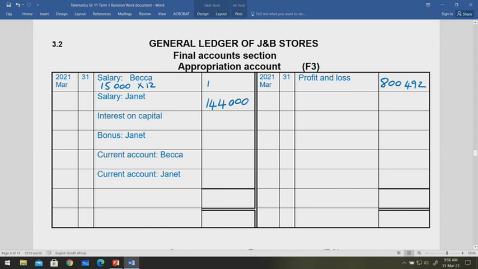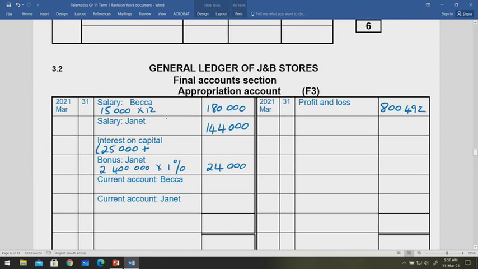Times 12 will give you her annual salary of 180,000. The bonus that Janet received was 1% of the 2.4 million, times the 1%, 24,000.